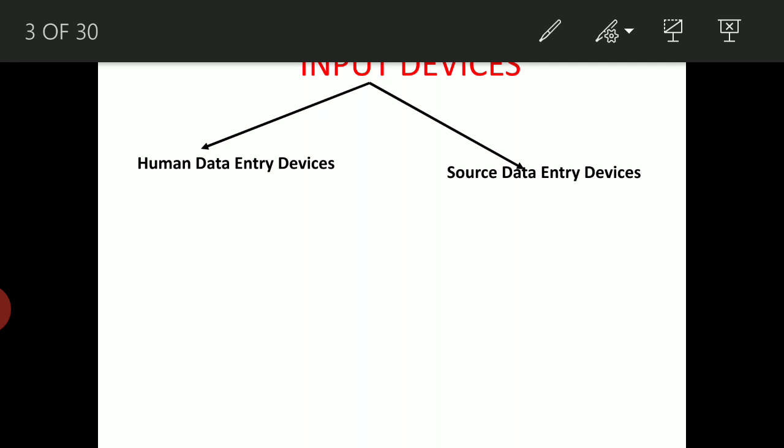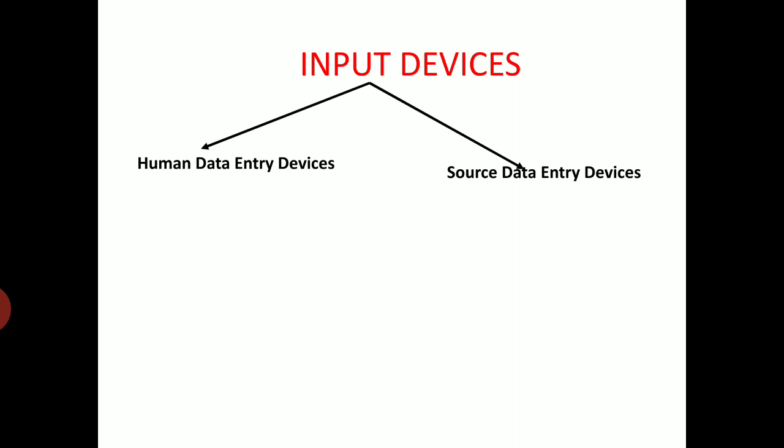Next, we shall see what the different types of input devices are. As I already said, input can be provided by the users or it can be provided through other sources. Based on that, input devices can be classified into two.